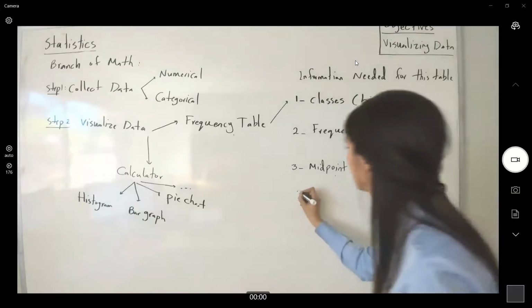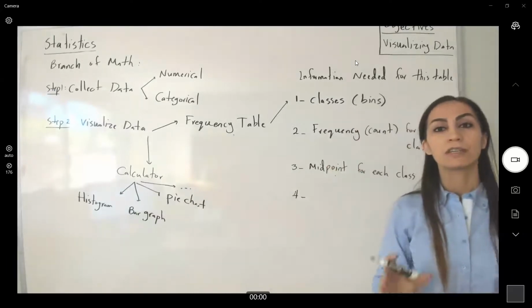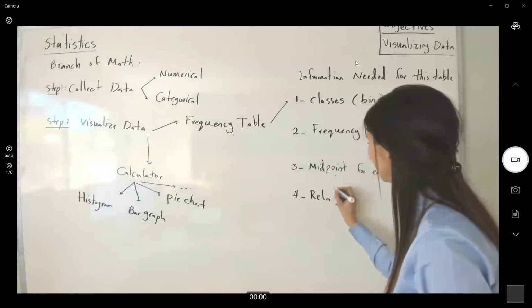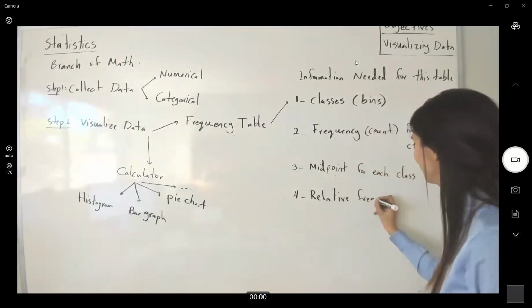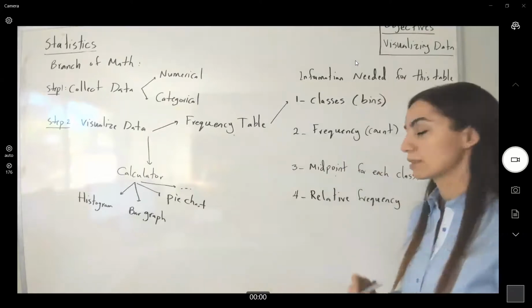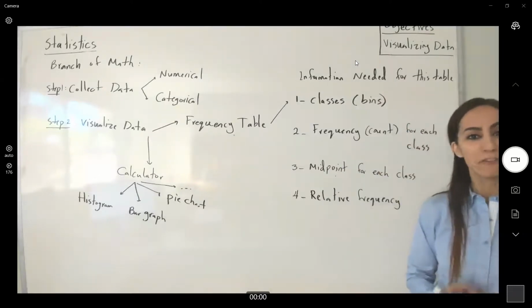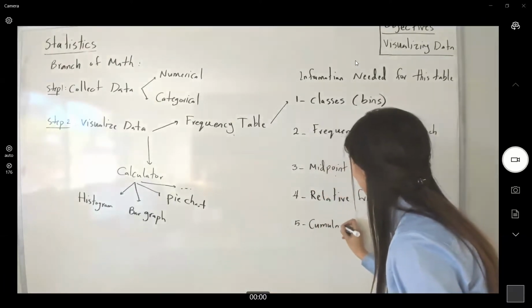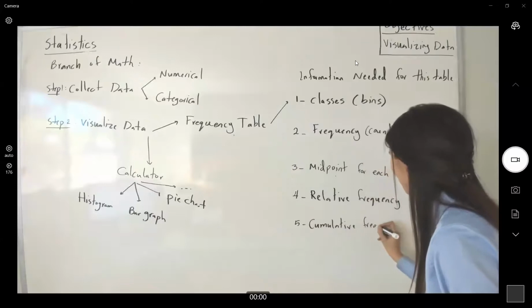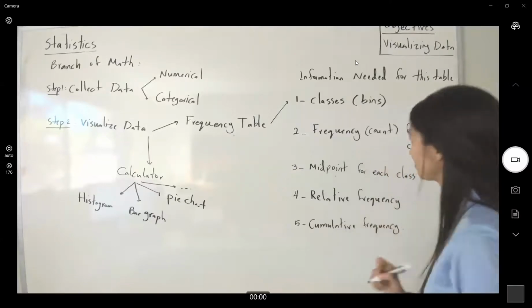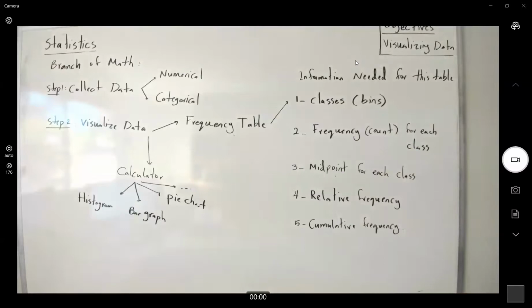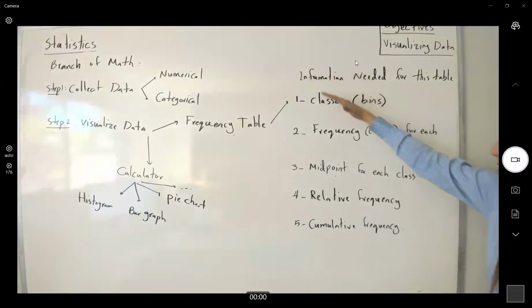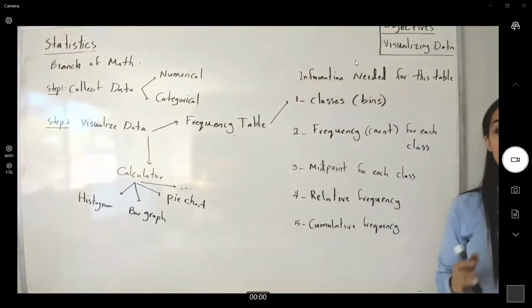We need relative frequency, and we need cumulative frequency as well. Perfect. So a frequency table includes all of this information.